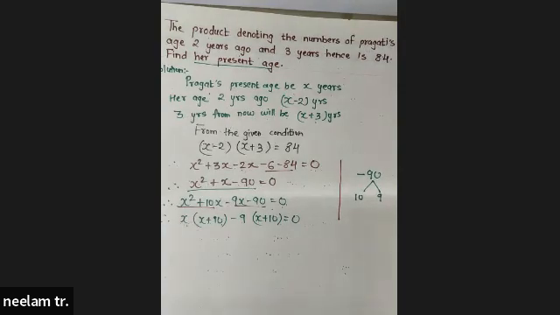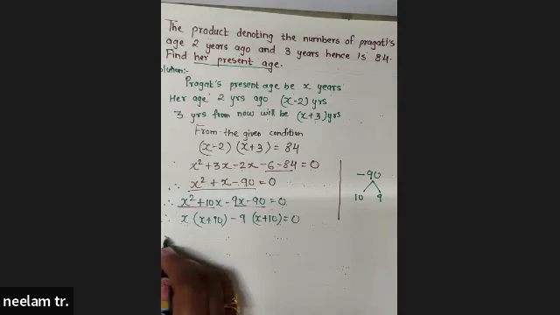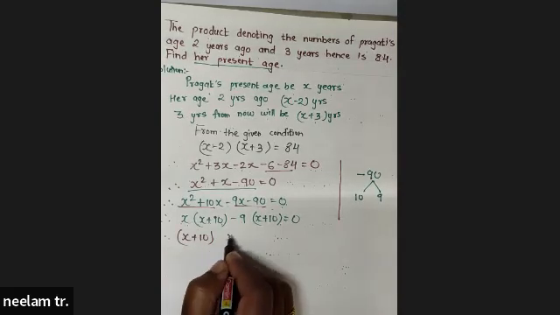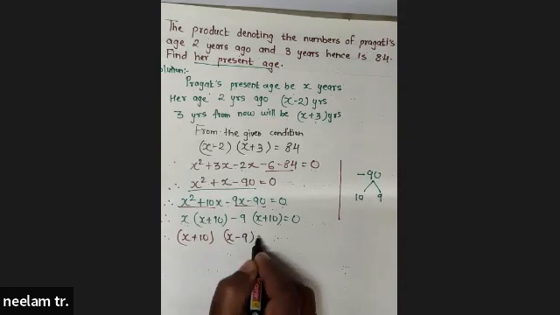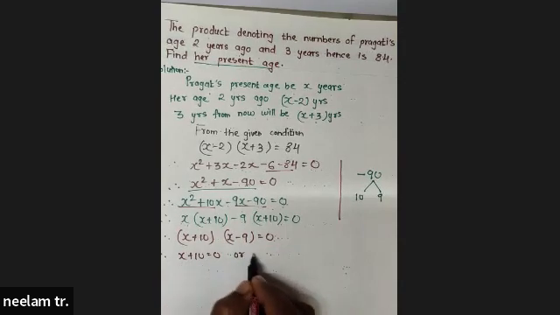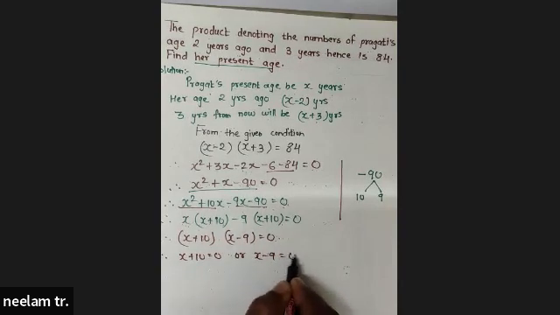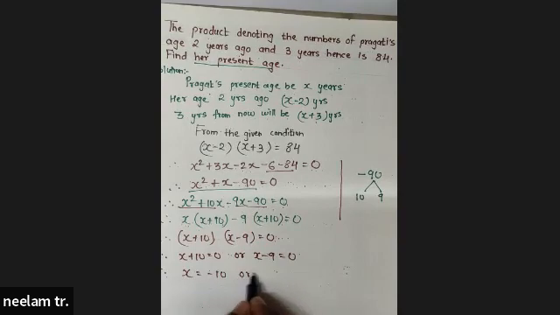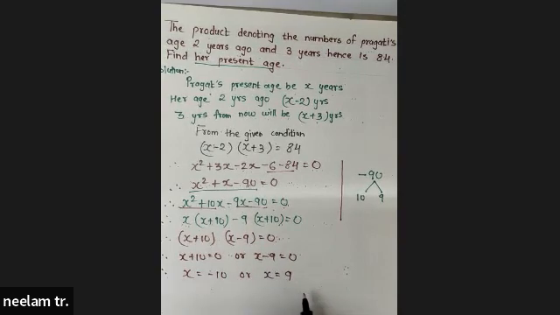What is common? x plus 10 and x minus 9 is equal to 0. So the two roots are x plus 10 is equal to 0 or x minus 9 is equal to 0. Therefore, x is equal to minus 10 or x is equal to 9.